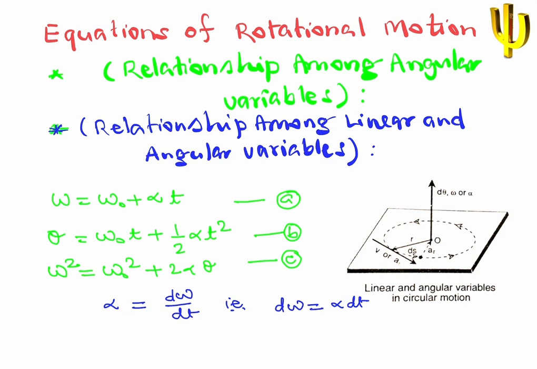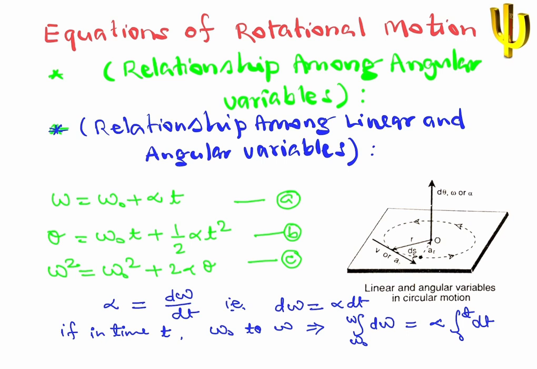The radius of the circle is r. So if in time t the angular velocity of the particle changes from omega naught to omega, then integral d omega from omega naught to omega becomes equal to alpha integral dt from 0 to t.